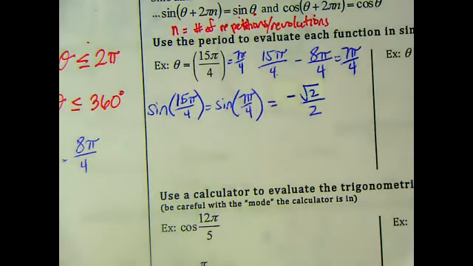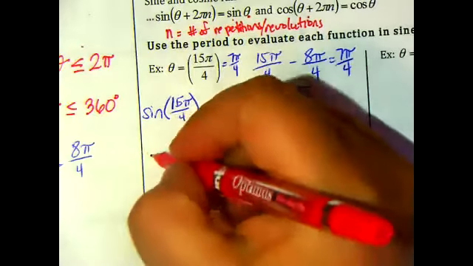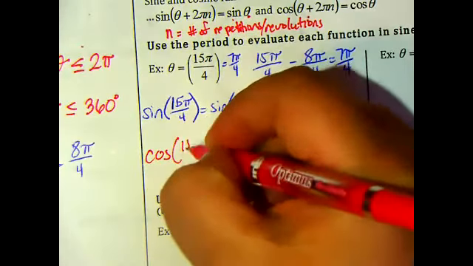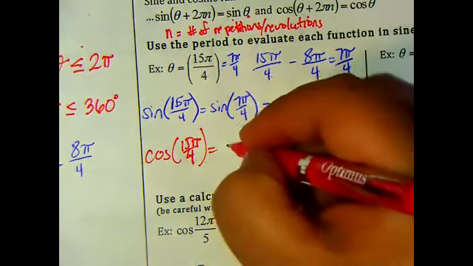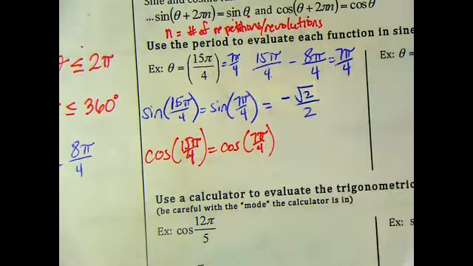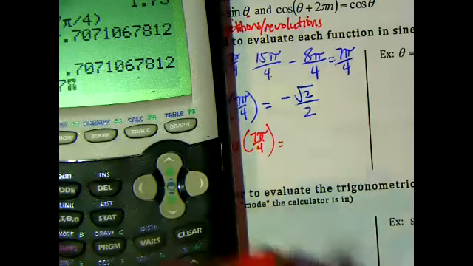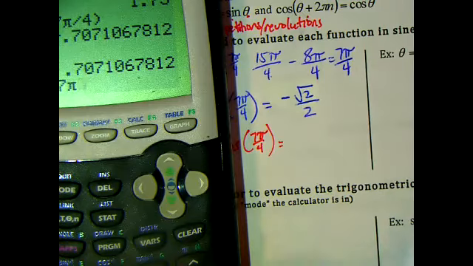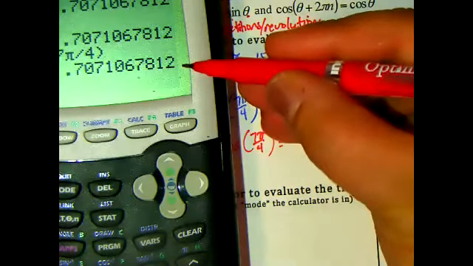Then I'm going to do the same thing for cosine. Cosine of 15 pi over 4 is equivalent to cosine of 7 pi over 4, which is 0.707.